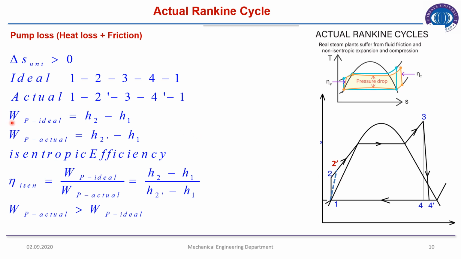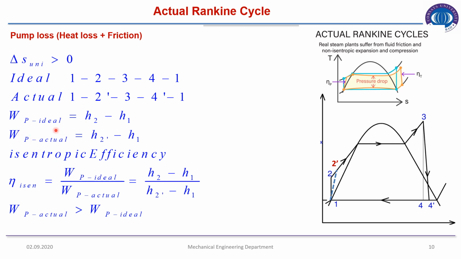So work done on the pump in the ideal case is H2 minus H1, and actual work done on the pump is H2 dash minus H1. Here we know that the pump is a work consuming device.